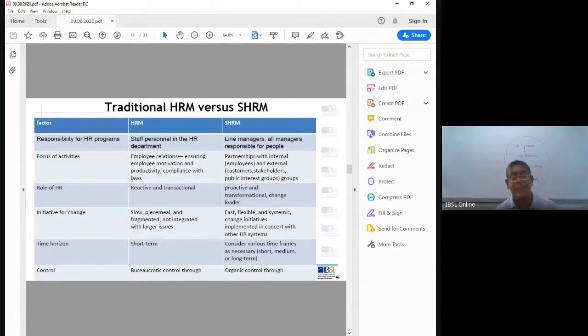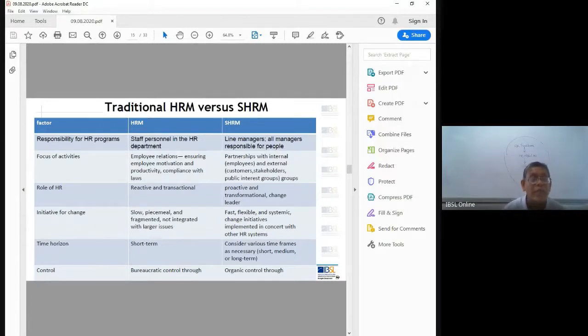Now let's look at the traditional human resource management versus strategic human resource management, right? So, responsibility: in human resource management we talk about only the staff of personnel, but in strategic human resource management, everybody must be an HR manager, right?